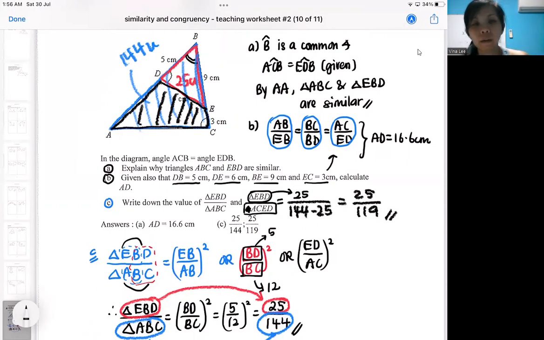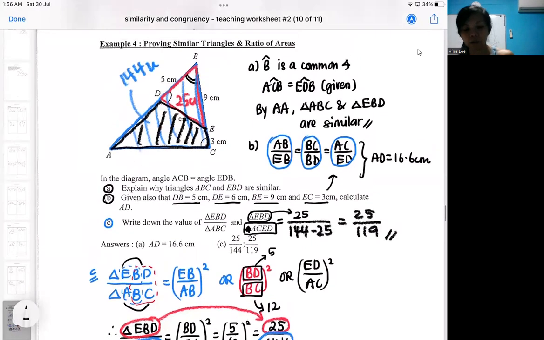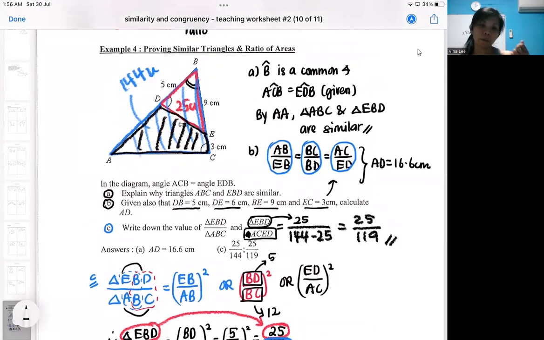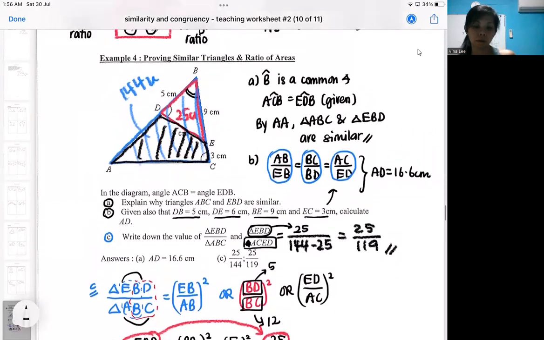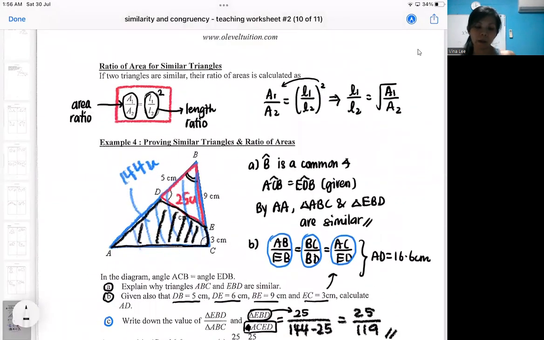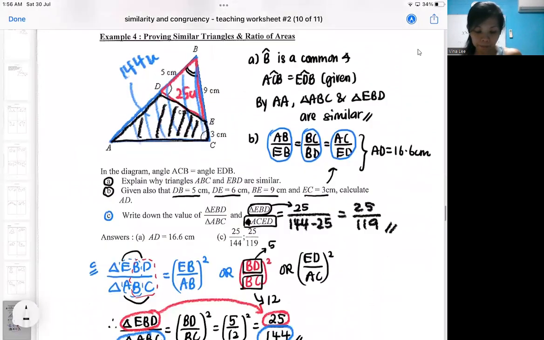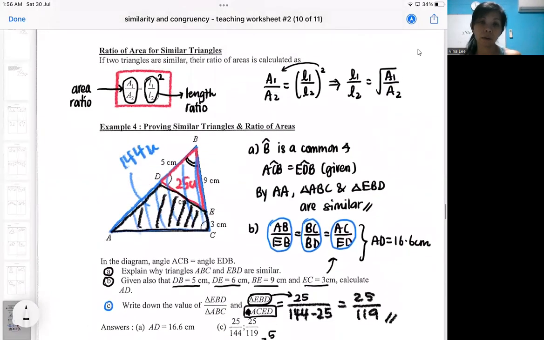So we use the length ratio, squared, to find the area ratio. That is in the case of similar triangles. From proving similar triangles, you calculate the length ratio and also the area ratio. You can only use this formula if the two triangles are similar. If the two triangles are not similar, this formula is not applicable. This is just one of the first few examples on the area ratio.